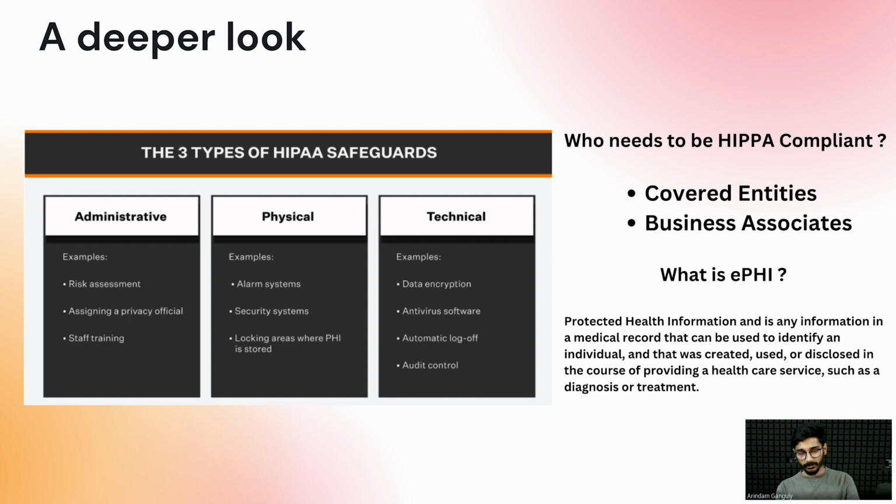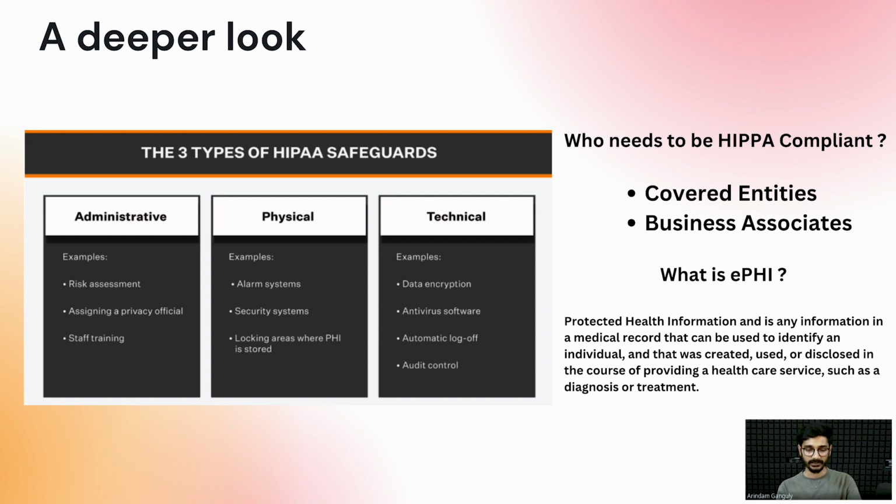Cool. Coming to a deeper look at HIPAA: over the internet you'll find a lot of different sources, articles and terms about HIPAA. We tried to accumulate things together, and found that these three are the major safeguards wherein you can control your information. The first one is administrative, with examples like risk assessment, assigning a privacy official, or training your staff properly.